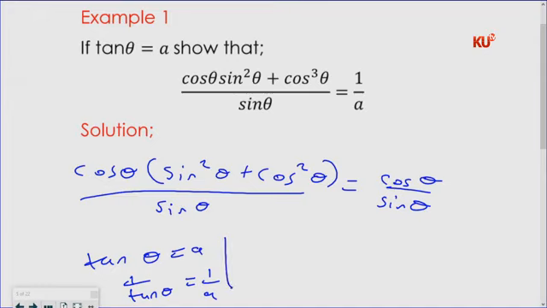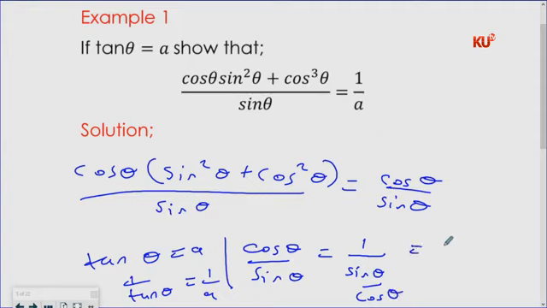So cos theta over sine theta can be rewritten as 1 over sine theta over cos theta, which is the same as 1 over, what is sine theta over cos theta?